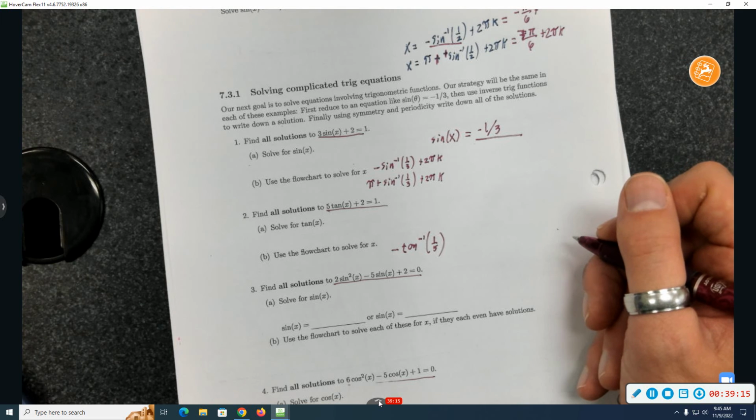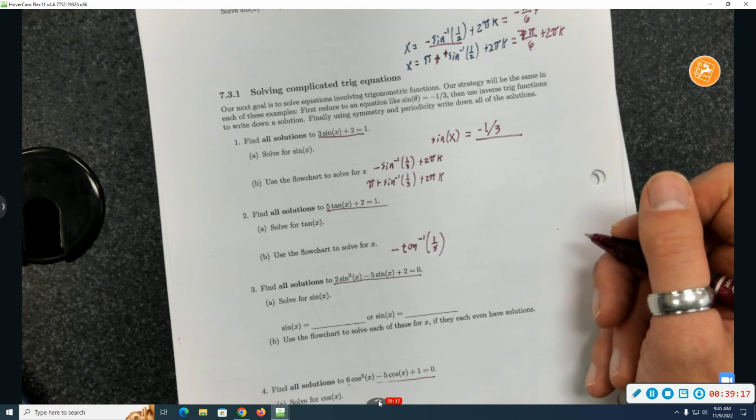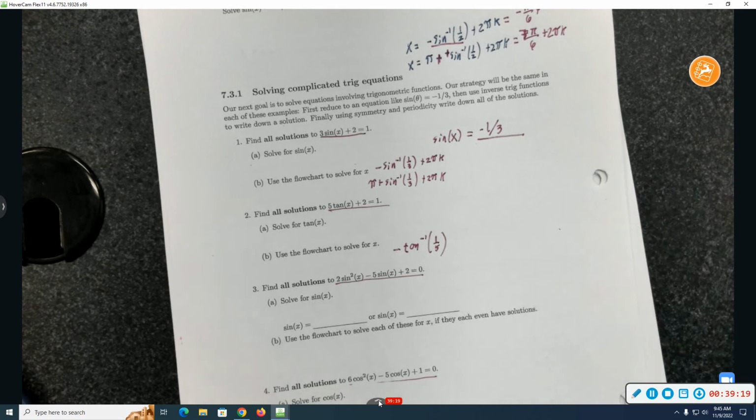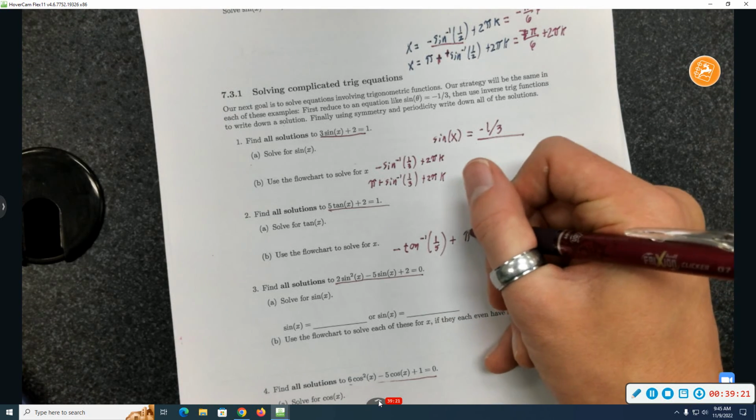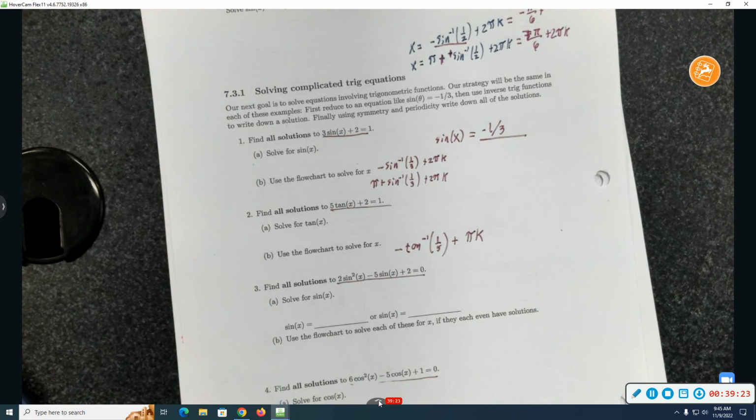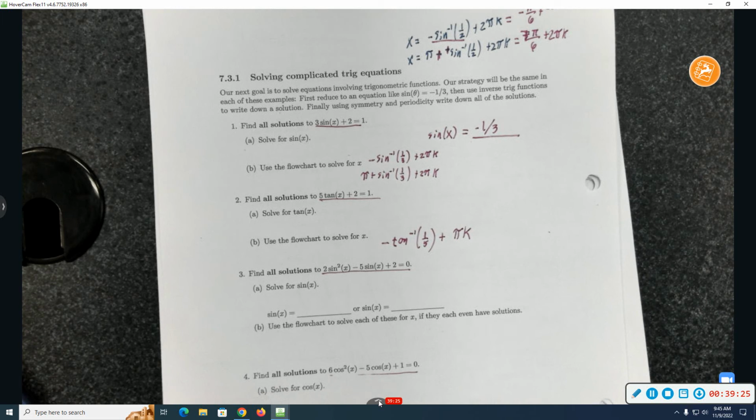Cool. There's one solution. How do you get all of them? Plus pi k. Yeah, so that seems like a really simple-minded thing. That's not a deep idea. But it means that instead of reporting infinitely many solutions, you only reported one of them. So in some measure, you reported like 0% of all of the answers. Cool. Folks feel pretty okay with that? Is there interest in me talking through that one?